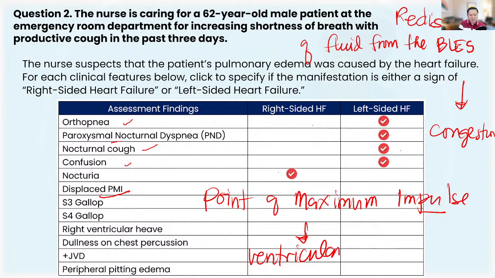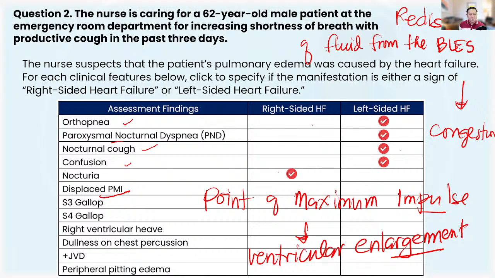Because of the congestive heart failure, or because of the enlargement, the ventricles will go down further. Okay, it's dilated. And so when you are listening for the PMI, it's no longer between the fourth and the fifth ICS. You'll be hearing it much lower than that level. Okay, so that is why we call it displaced PMI.